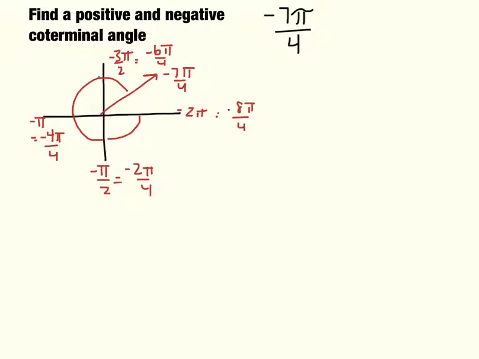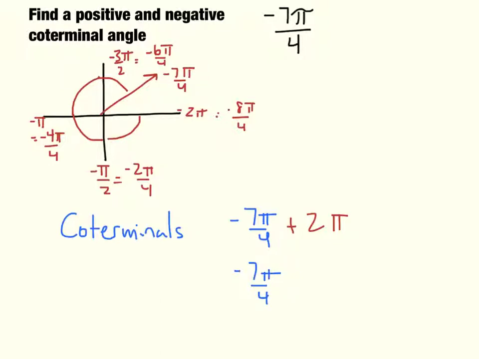Alright, so for coterminal angles, we found them by just adding and subtracting 360 degrees. So for radians, I can find my coterminal angles adding and subtracting 2 pi. So for my coterminals, I could do negative 7 pi over 4 plus 2 pi and negative 7 pi over 4 minus 2 pi.